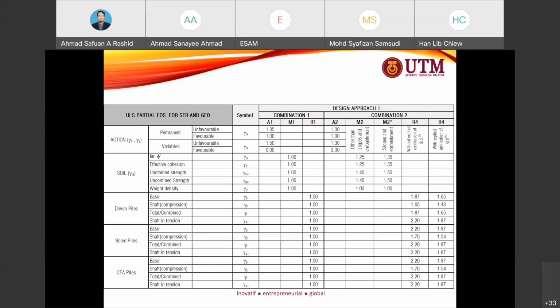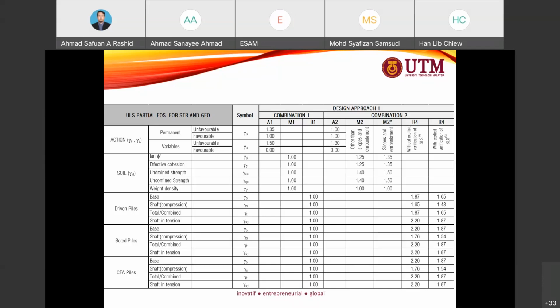So for example, a driven pile, they use a hammer. Then bore pile, they create a hole, and then they install the cage and pour the concrete. And the CFA, they use an auger system like a drill.